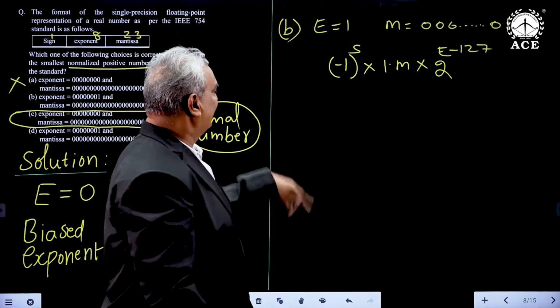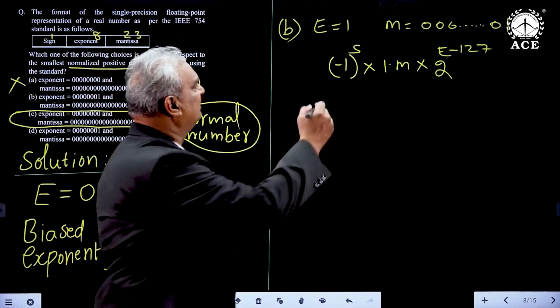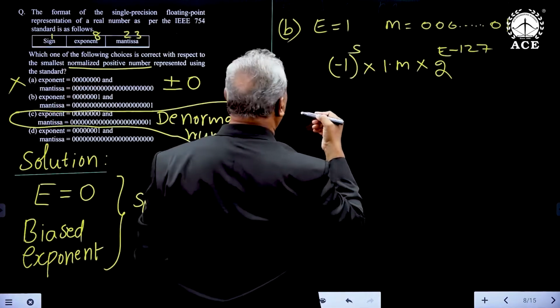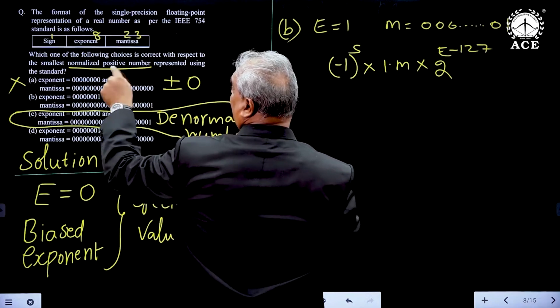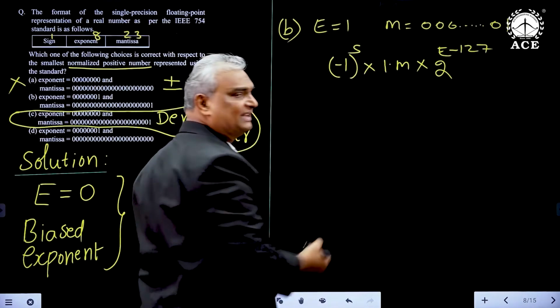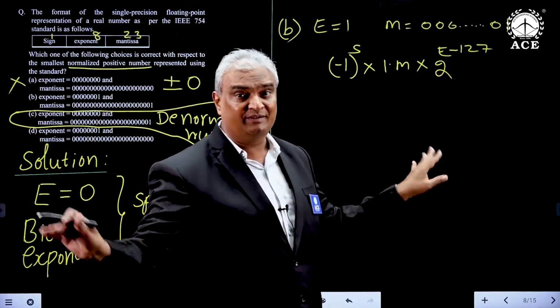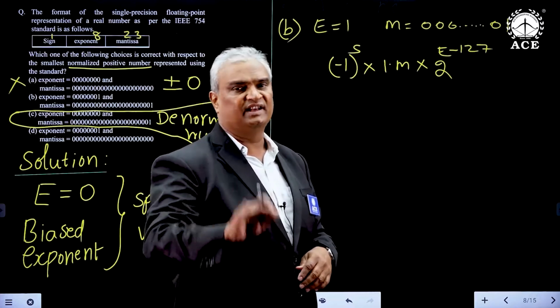With the help of this expression, what is the value? S can be 0 or 1, we don't know. But according to the given information, positive number means S is compulsorily 0. Whatever the exponent size, only the sign bit declares the sign of the result.